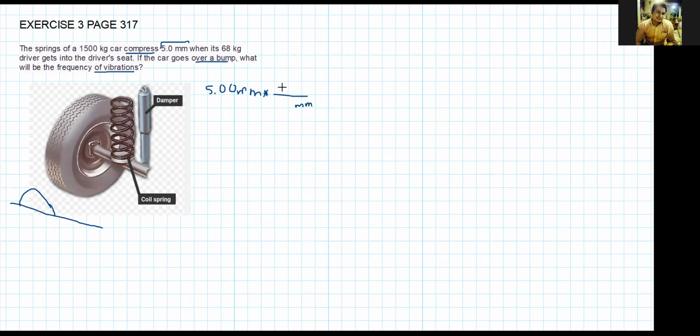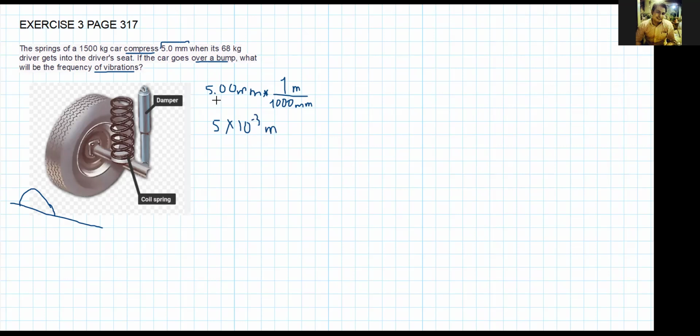So here we have that in 1 meter, I have 1,000 millimeters. What do I have to do now? So 5 millimeters multiplied by 1 and then divided by 1,000. You can write this in scientific notation as 5 times 10 to the negative 3 meters, okay?